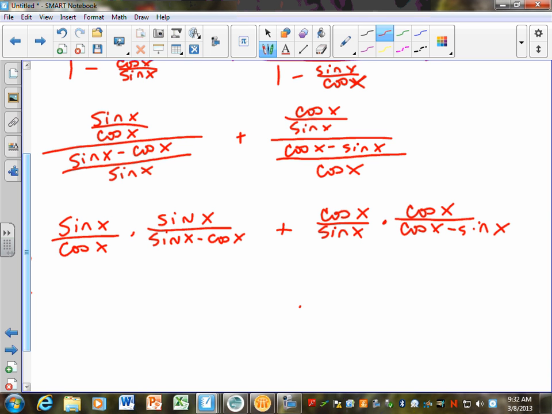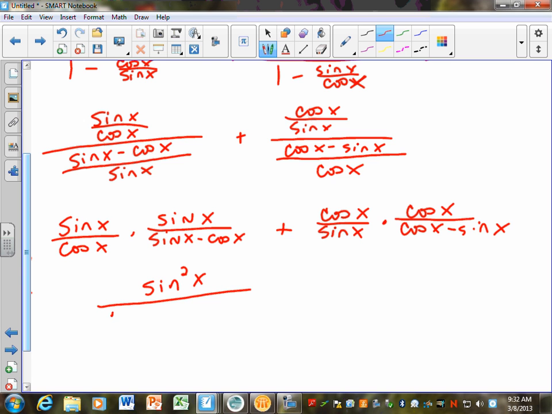It would have been really nice if something canceled out here, but it doesn't, which is what makes this a super great proof. So I'm just going to multiply the tops. I'm going to leave the bottom not multiplied out. I'm going to write it with parentheses. So on the top here, I get sine squared x.